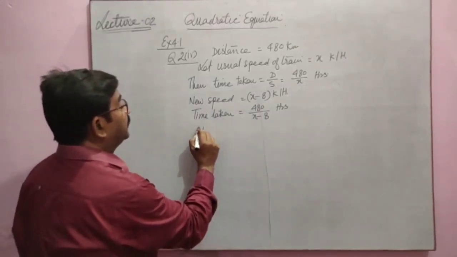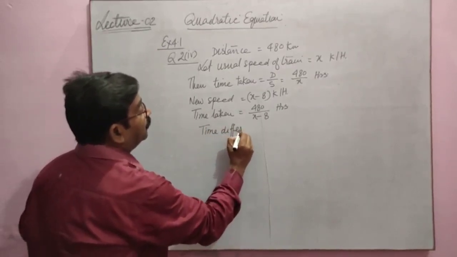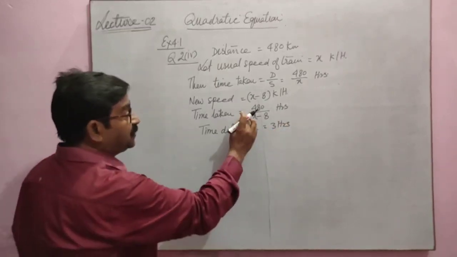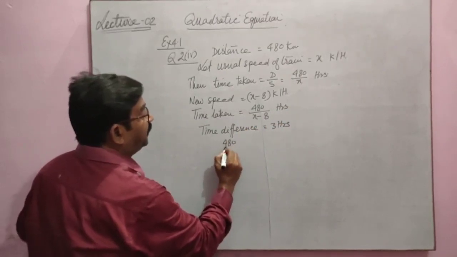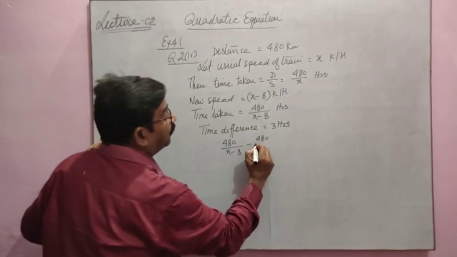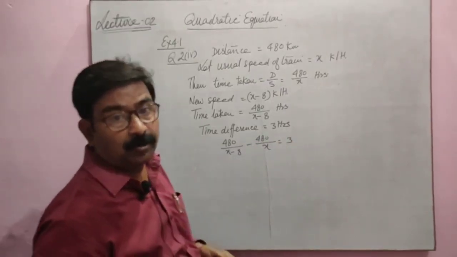We write like this: the time difference is 3 hours. And how to find the difference? Maximum time minus minimum time. So 480/(x − 8) − 480/x = 3. Now let's see how to solve.